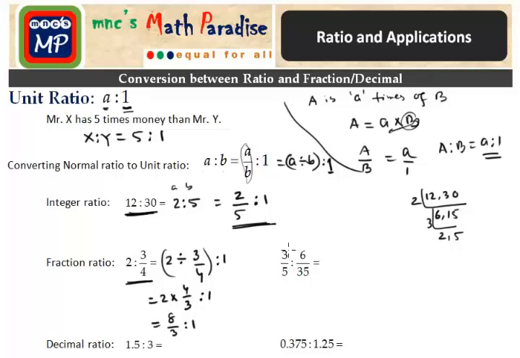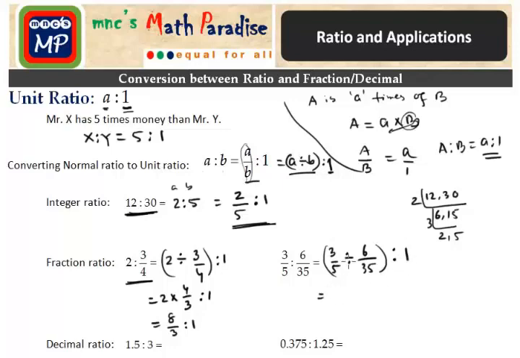Here, first quantity ratio second quantity, so it will be first quantity divided by second quantity, then ratio 1. We can write it in either way, so we are using this division, ratio 1.